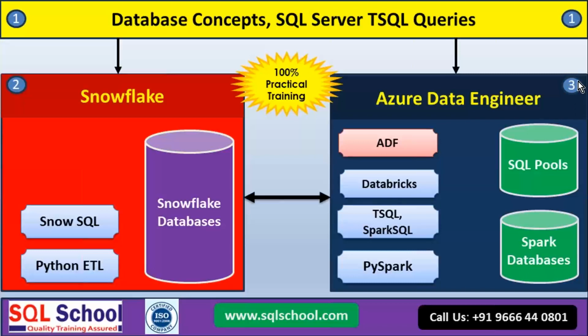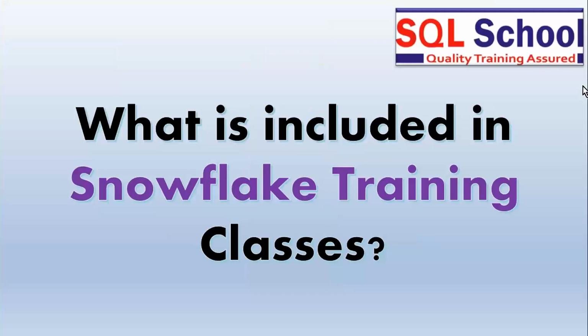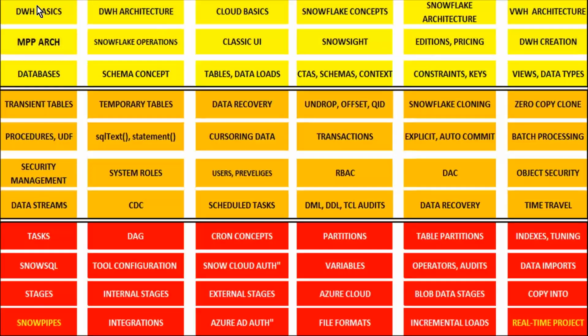With this information, let's understand what we are going to learn from tomorrow in our actual classes. We are going to start with data warehouse basics, architecture, cloud concepts, something called MPP, massively parallel processing architecture, Snowflake operations, classic UI, and so on.